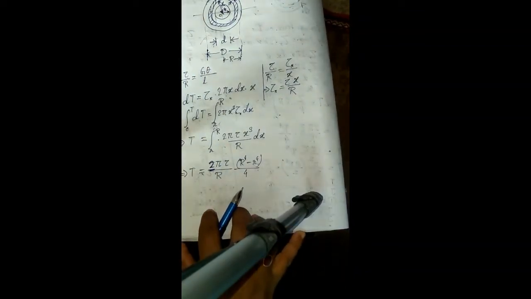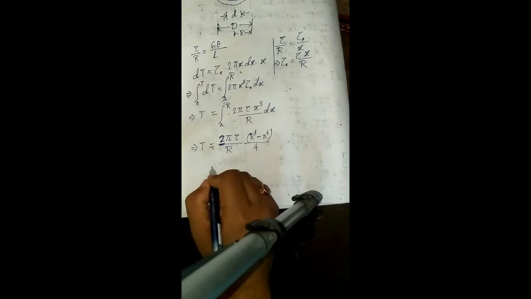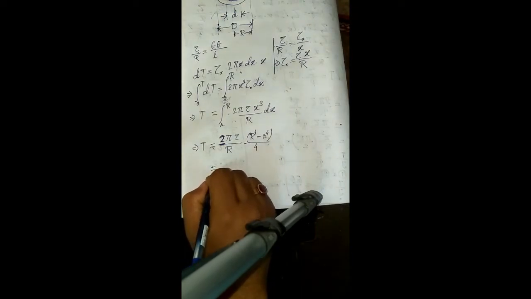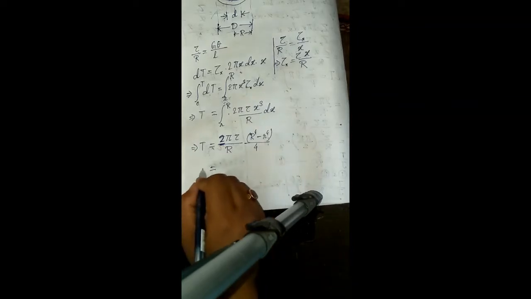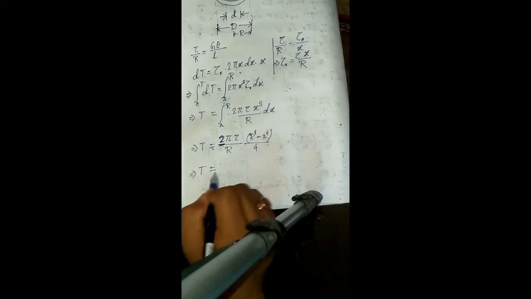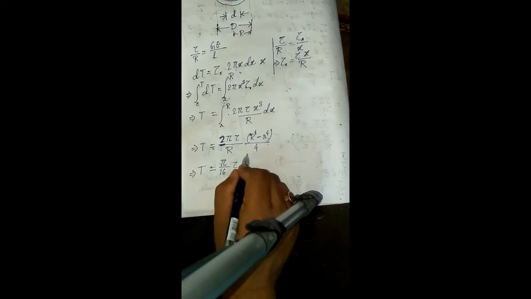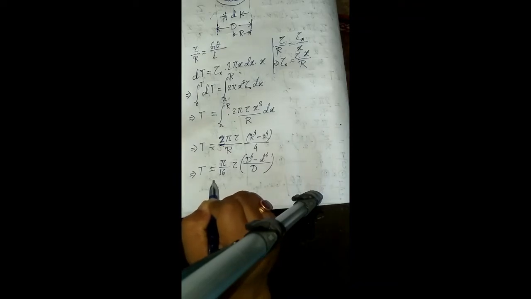Now converting all radii into diameters and rearranging, we can write T equals pi by 16 into tau into D to the power 4 minus small d to the power 4 by capital D. This is the torque value.